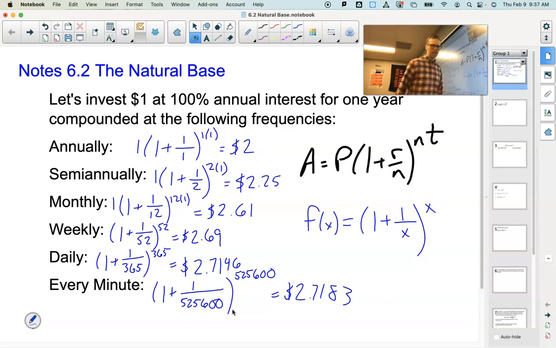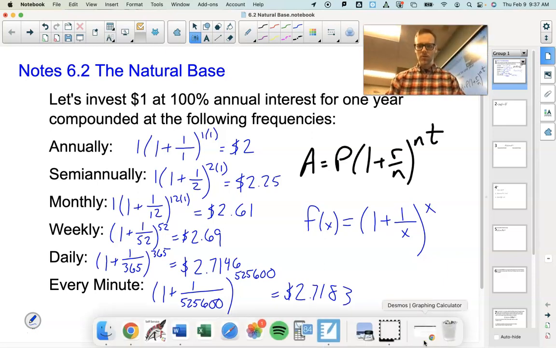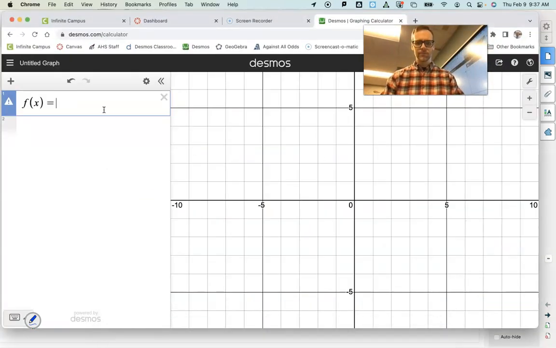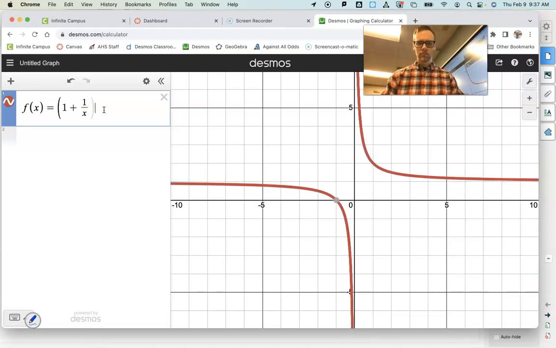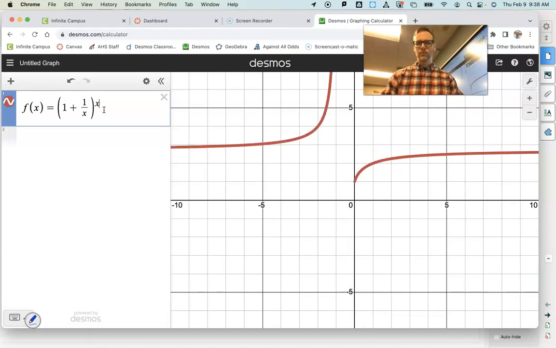To the x. That's the function. Let's graph that function in Desmos. There it is.